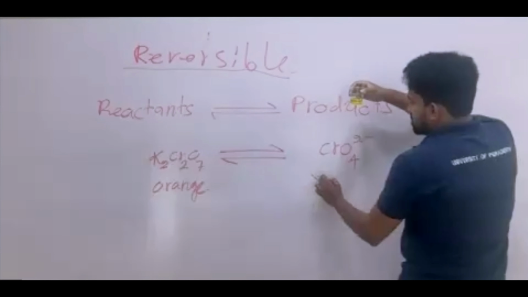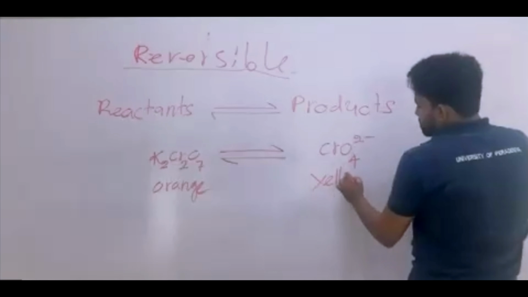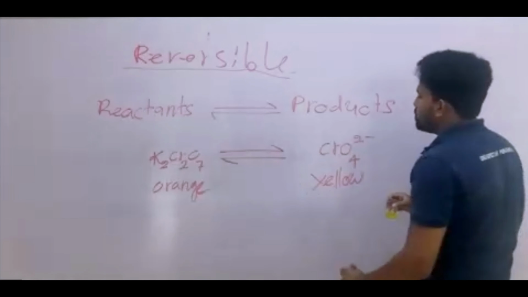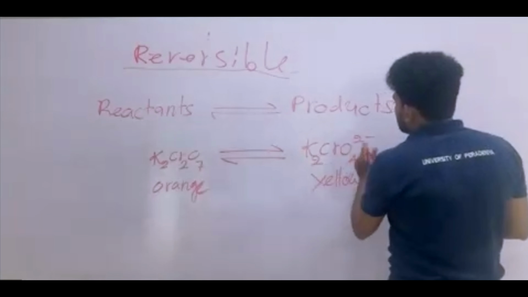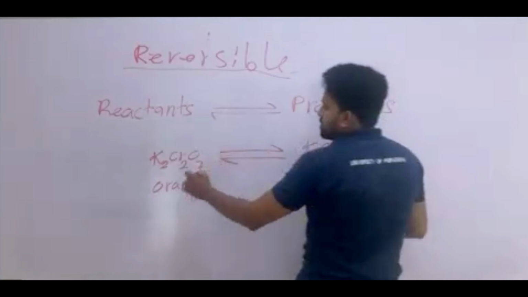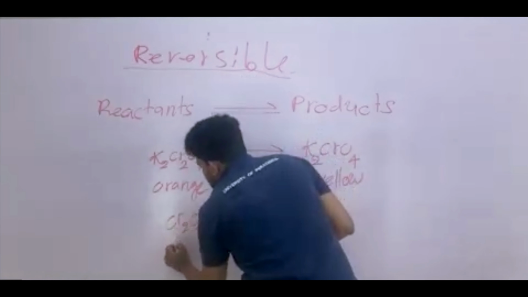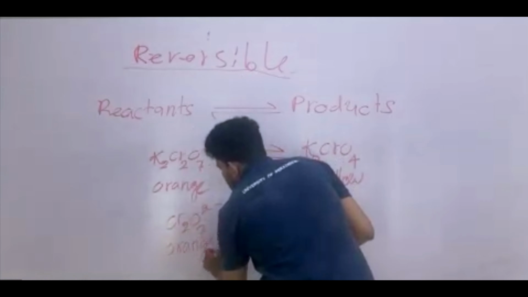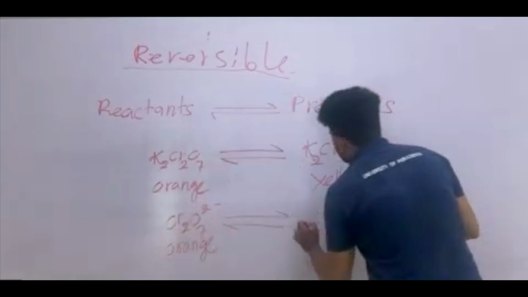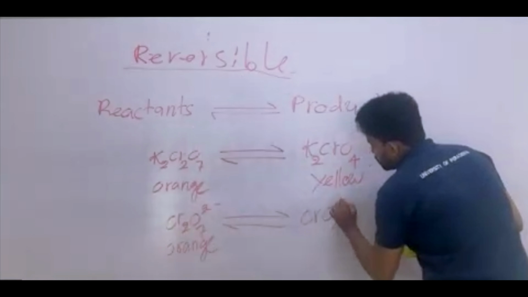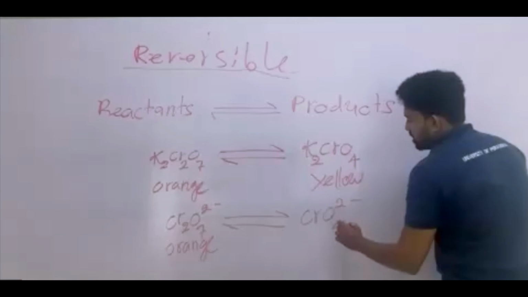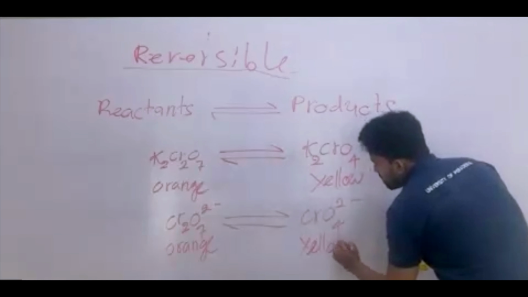CrO4 2 minus is yellow in color. Considering only the ions, Cr2O7 2 minus is orange, and it converts to CrO4 2 minus, which is yellow.